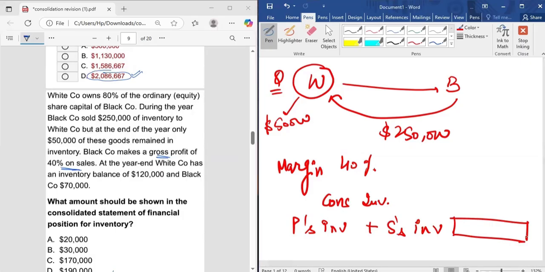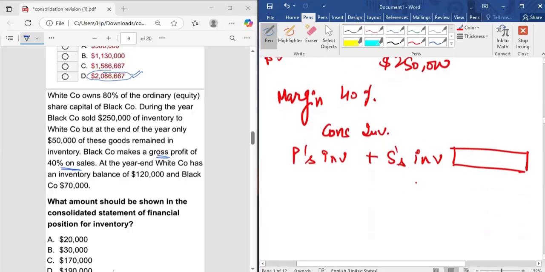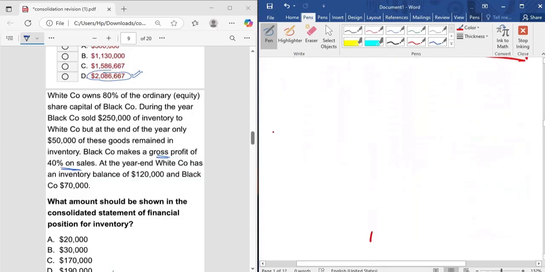So I have to remove this intra-group transaction. My goods were sold on margin. First, I'll calculate my unrealized profit and I'll deduct this unrealized profit from my inventory.